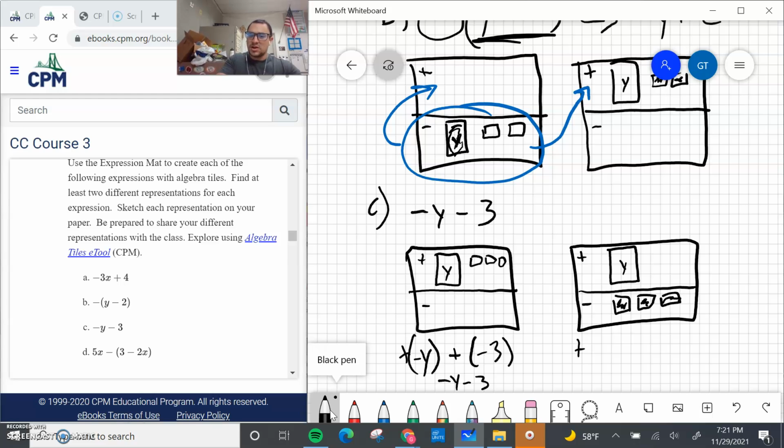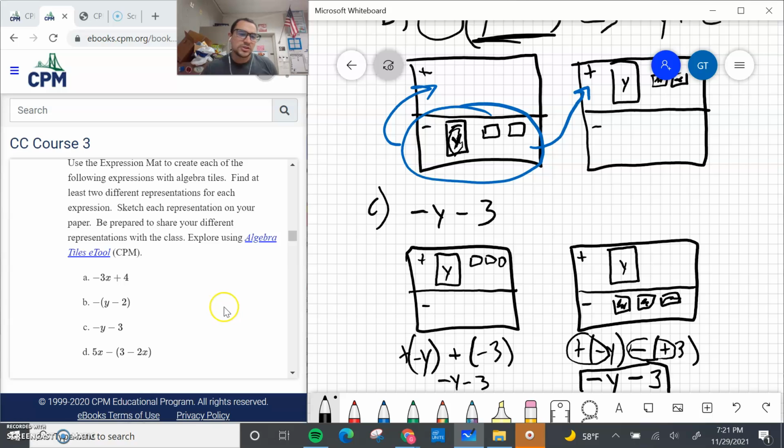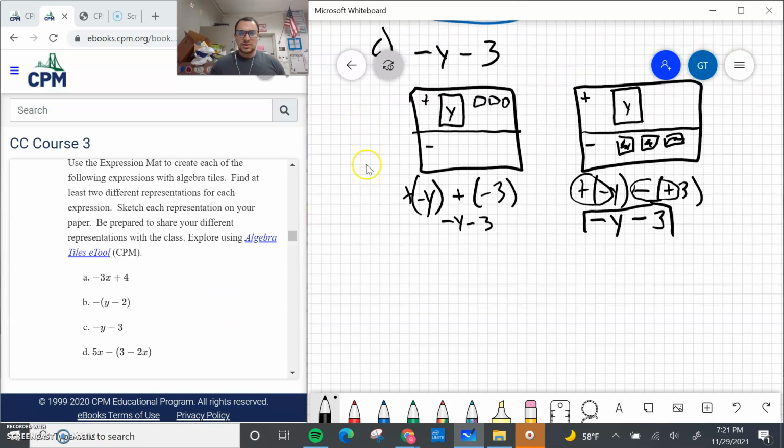So that means that's a positive negative y, because it's unshaded, minus positive 3, because I have 3 positives in the negative region. But as you know, that becomes a negative y. This right here, negative and positive, becomes a negative. And that's negative y minus 3. So there's a million ways, not really a million ways, but there's so many ways you can write it. And the last one is going to be D.